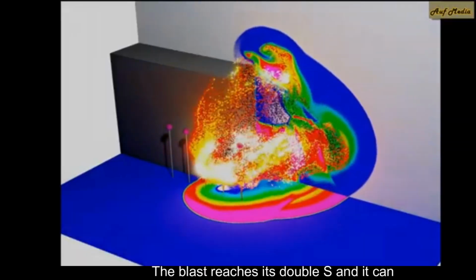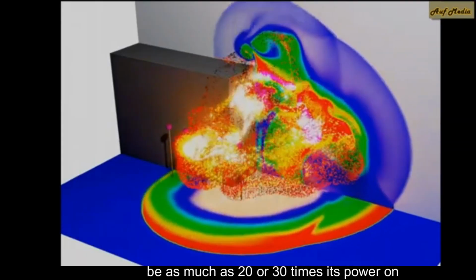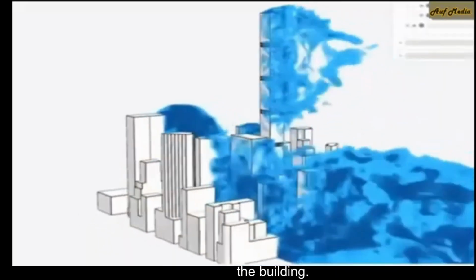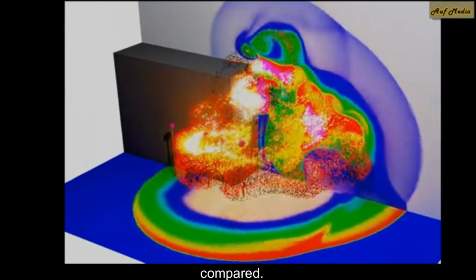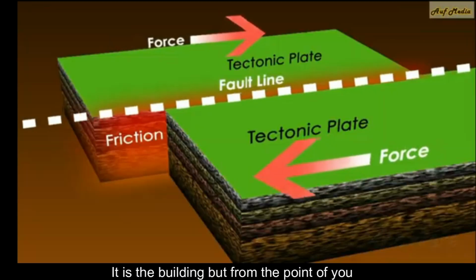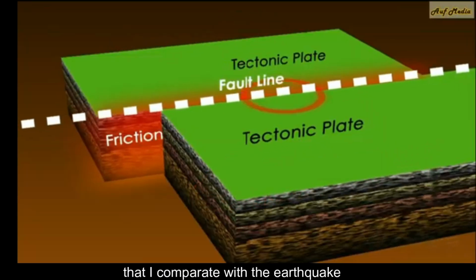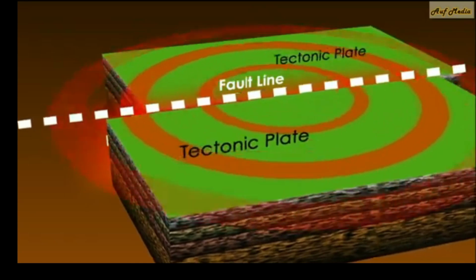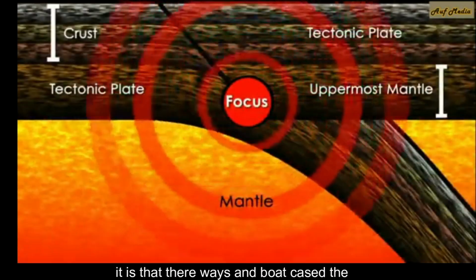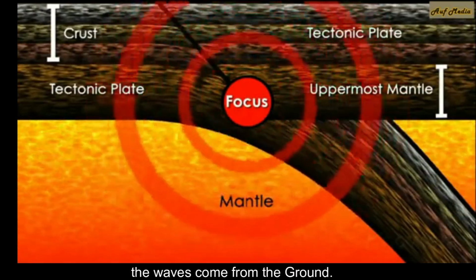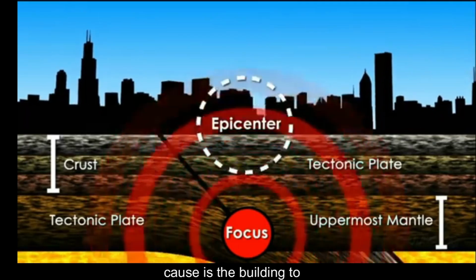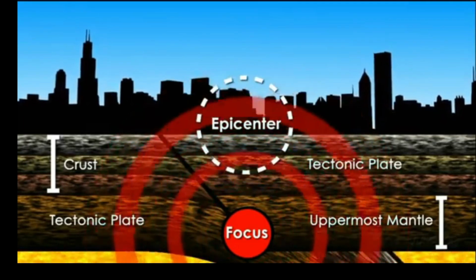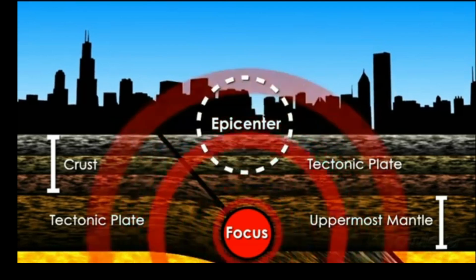The blast reaches its peak, and it can be as much as 20 or 30 times its power on the building. So this is from the point of view that I compare it with the wind as a pressure that hits the building. But from the point of view that I compare it with the earthquake, there are waves in both cases. In the earthquake, the waves come from the ground motion. It is a wave that causes the building to vibrate, and the building then gets a global response.